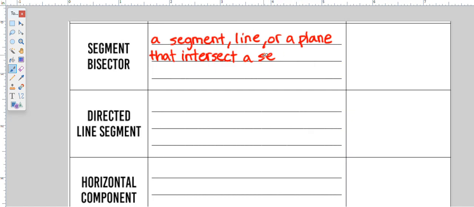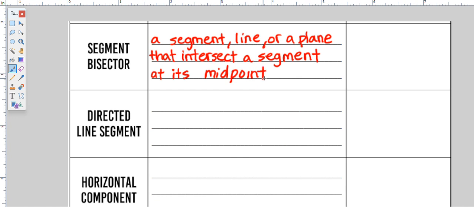So one of those things, a segment, a line, or a plane, is intersecting this specific segment at its midpoint. Or not endpoint, my apologies, midpoint, at its midpoint. I had said endpoint to begin with.